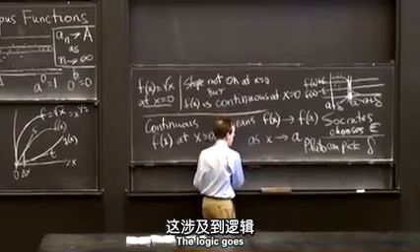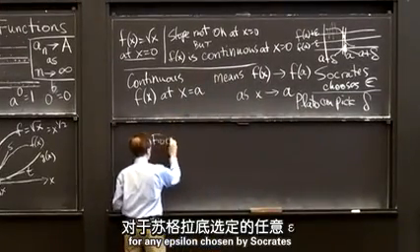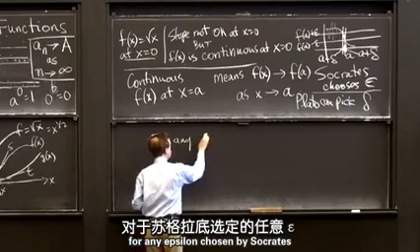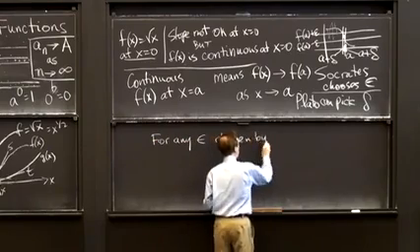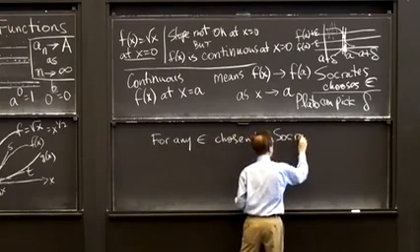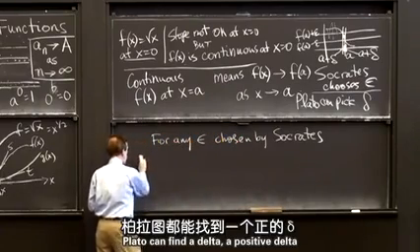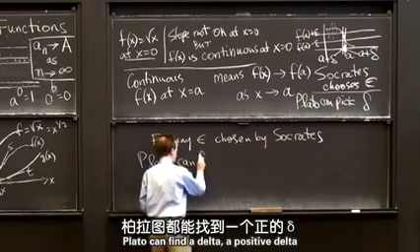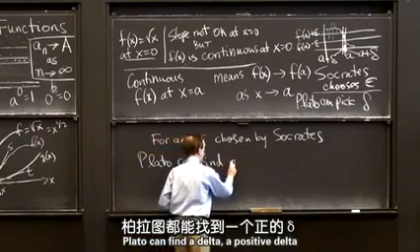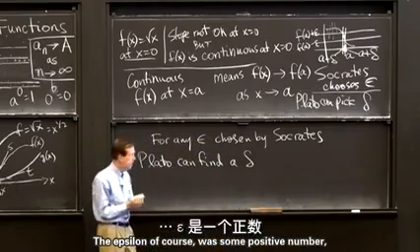The logic goes, for any epsilon chosen by Socrates, Plato can find a delta, a positive delta. The epsilon, of course, was some positive number.